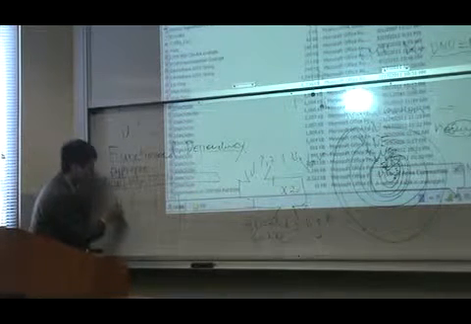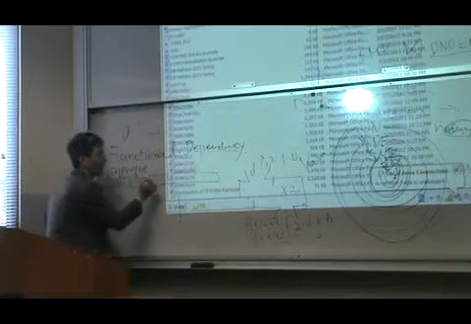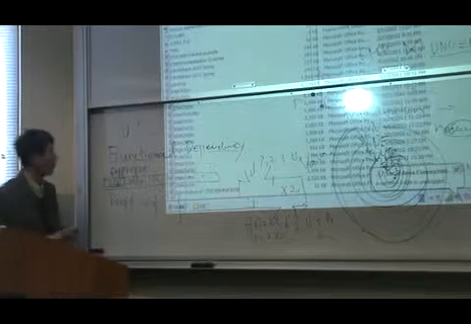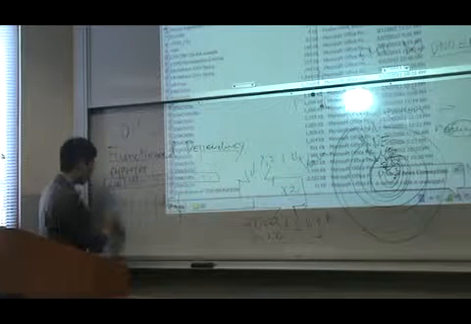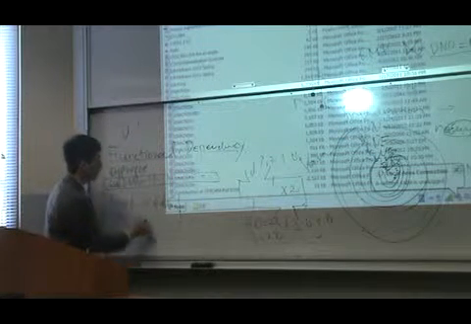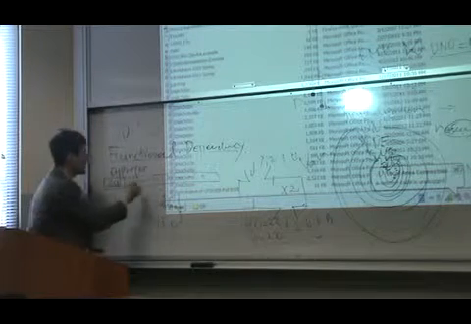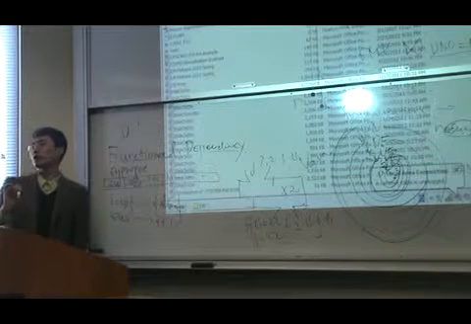For example, using the social security number, you can identify all attributes, right? For example, address. Social security number determines first name, last name. However, using address, you cannot find social security number.